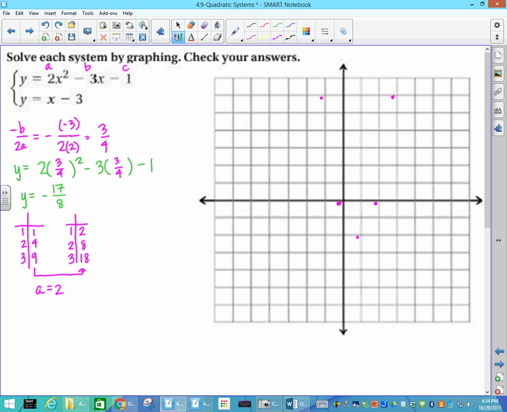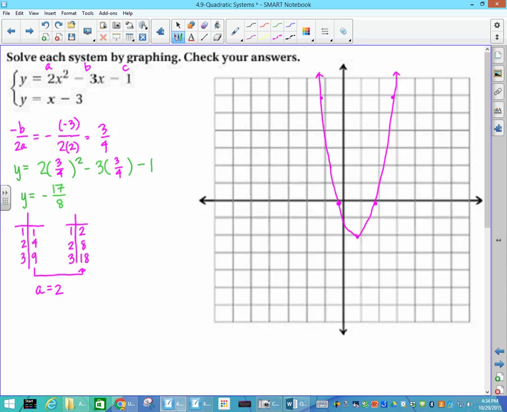Notice everywhere I'm in the same place in the boxes. Now I'm going to do my best to connect those. I didn't do very good, it's supposed to be curved. It's a little hard to graph on these things.